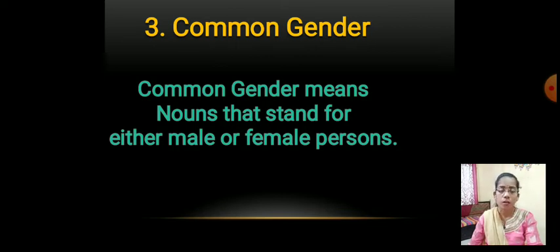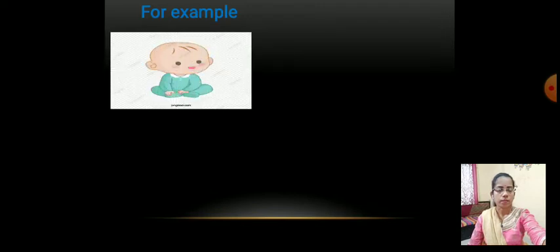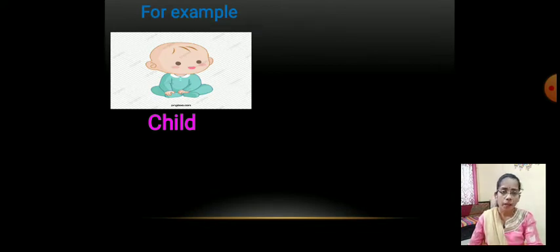It's called the common gender. Let's see some examples. Child. In the noun child, there is a baby girl or baby boy. Both are included in the noun child. So, child is the common gender.